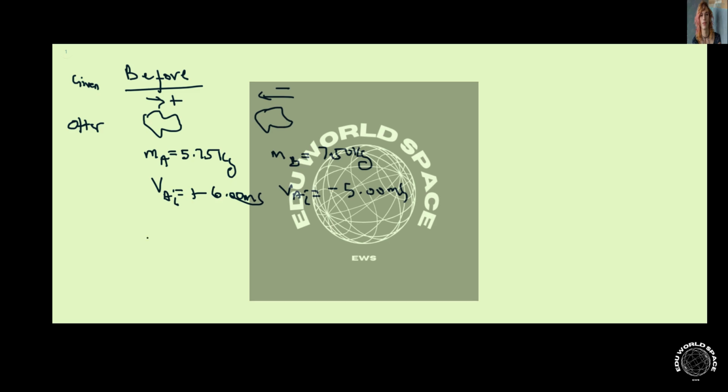Afterwards they'll collide with each other, the two free spirited otters, and there's going to be a final common velocity for them. In part A, we want the magnitude and direction of this final velocity for these two organisms.